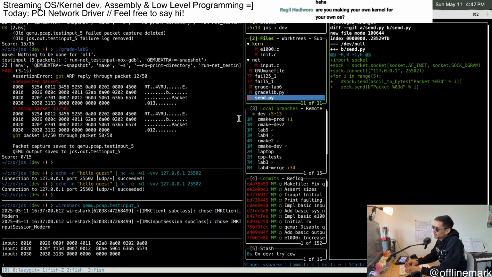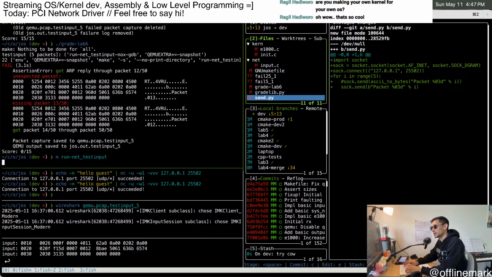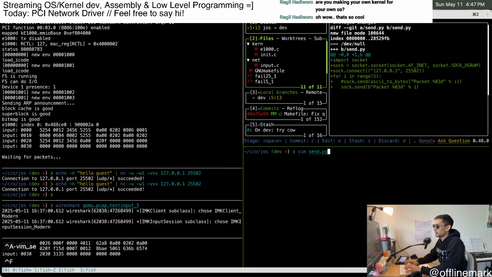So let's start with that idea I had. I just want to be able to reproduce this duplication of data, and let's just try. So just to try out doing that, I'm just going to run the OS in normal mode. And now it is sitting there waiting for packets.